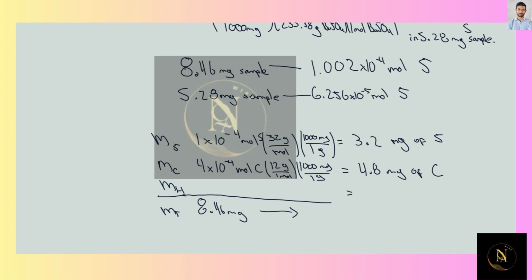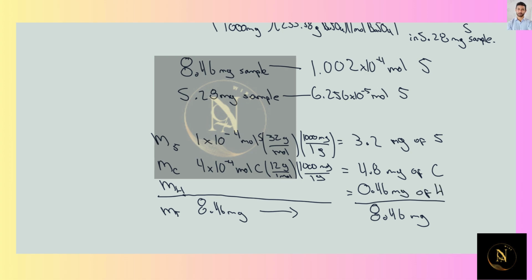What this means is that what we have left needs to be hydrogen in order to get 8.46 milligrams. So this would mean that 0.46 milligrams correspond to hydrogen.